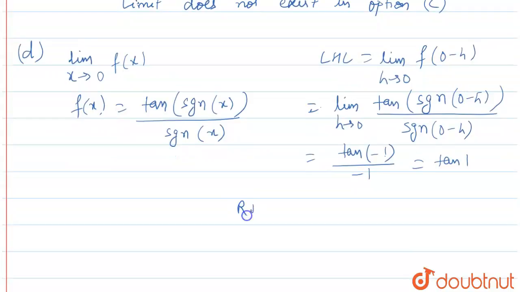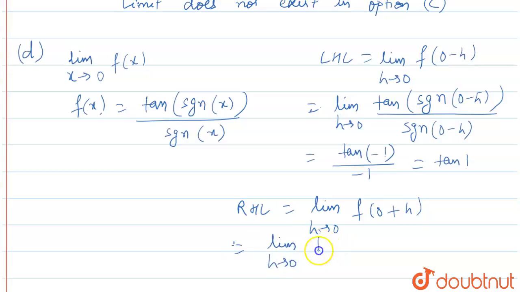Now coming to RHL part, there we have limit h tends to 0 f of 0 plus h. There we have limit h tends to 0 tan signum 0 plus h divided by signum of 0 plus h.